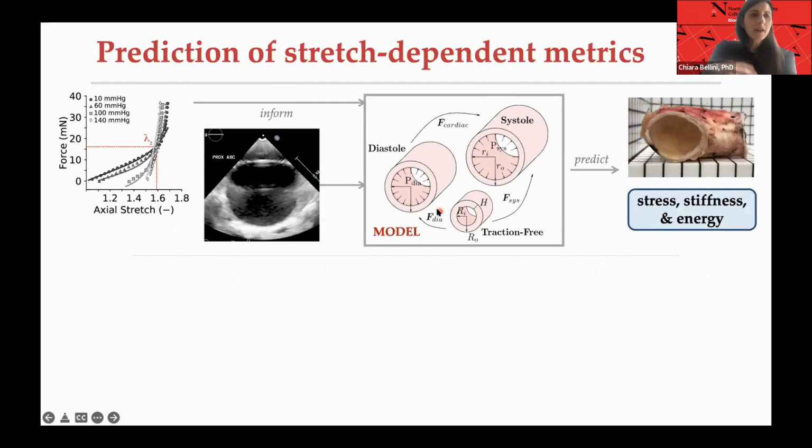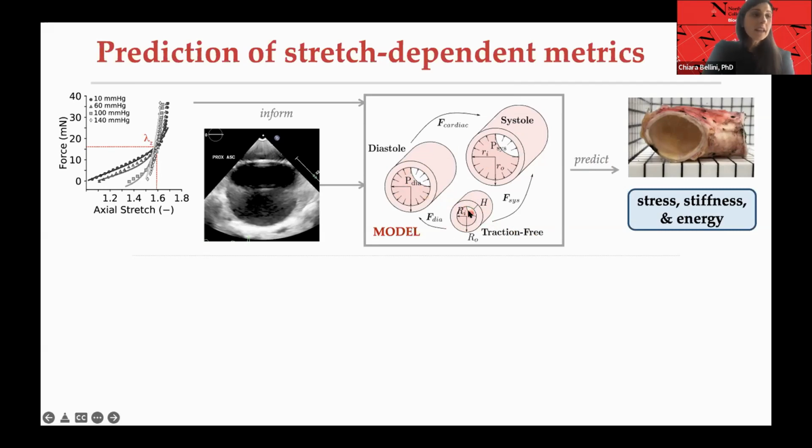And as a note, these stretches are defined between a configuration where the aorta is pressurized and axially extended, such as the diastolic and systolic configuration, and a configuration where all loads have been removed, which we call traction-free configuration. And this configuration, really, the tissue never experienced in vivo.